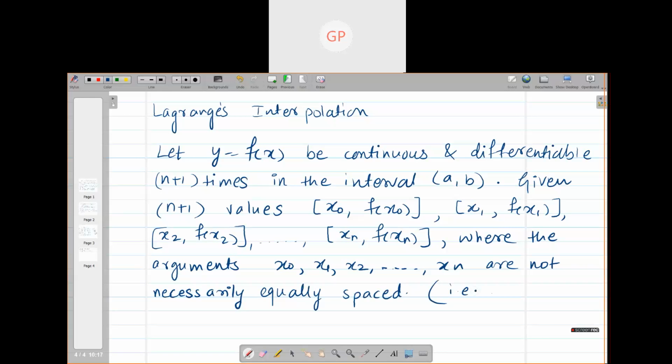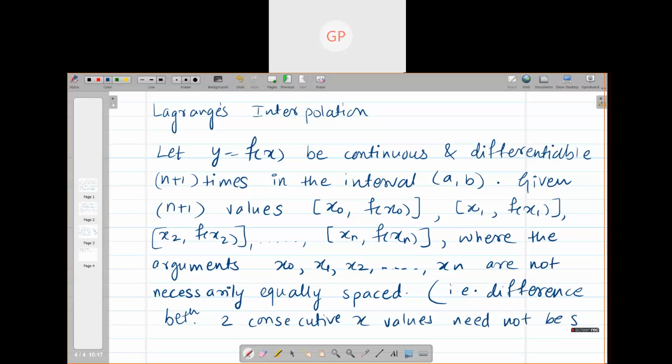That is, difference between two consecutive x values need not be constant, need not be same.